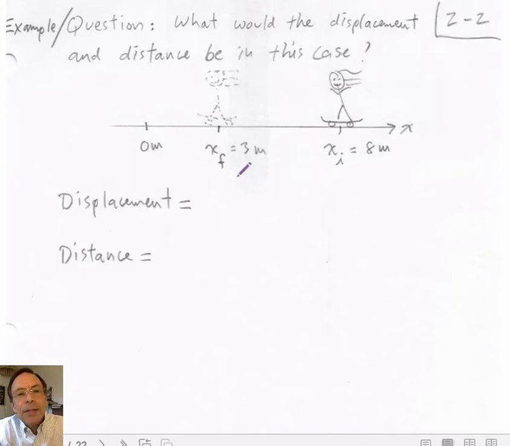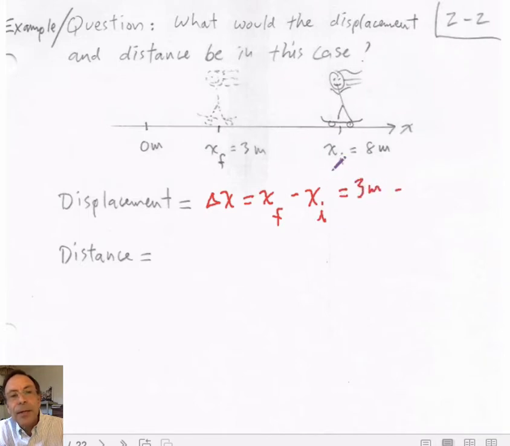Okay, so let's do this. The displacement, I'm going to write this all out, is delta x, which is the final position minus the initial position. The final position is 3 meters, and the initial position is 8 meters. 3 minus 8 is going to be negative 5.